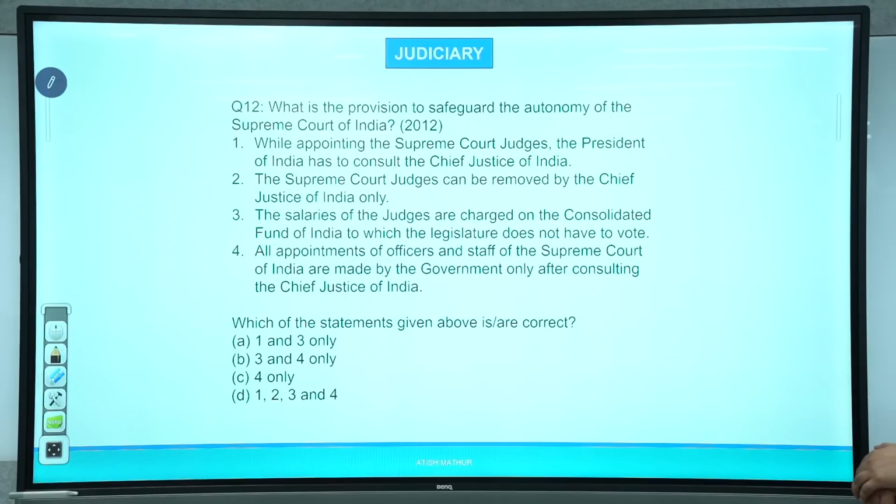While appointing the Supreme Court judges, the president has to consult the Chief Justice. What is written in the Constitution? You have to consult the Chief Justice or Supreme Court judges?